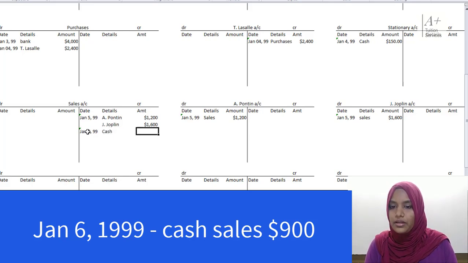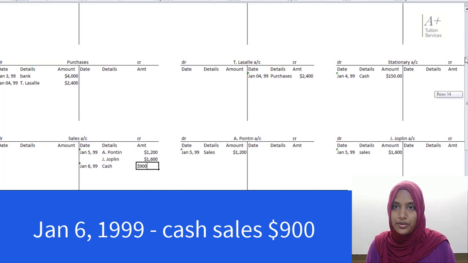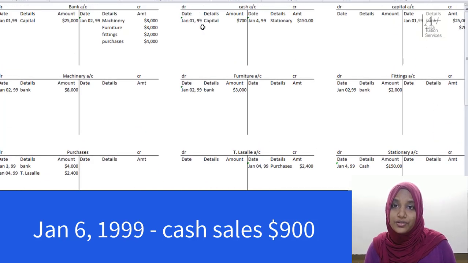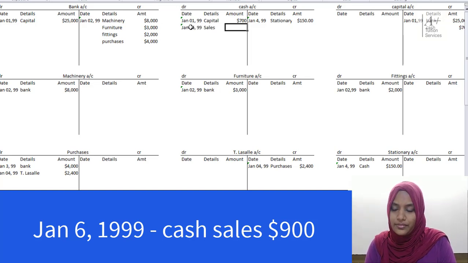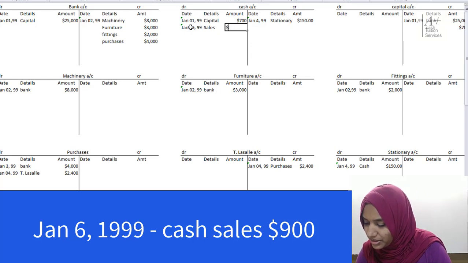Okay, and then we're going up on our cash account now, and it will be debited, because if we sell something and we collect cash, that means the cash account is receiving. So we go in January 6th, 99 sales account, and we go in with $900. Okay, so that's the next transaction.